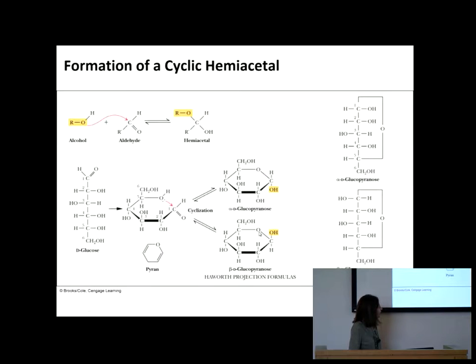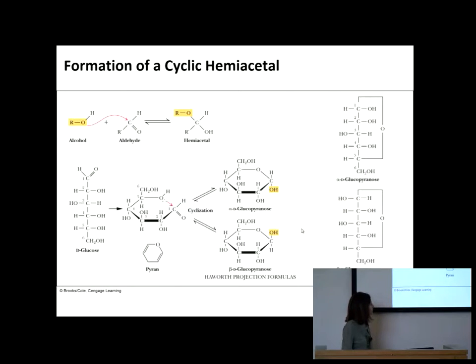So you look at carbon number 6, find the dangly one, and then the oxygen in the ring. The one to the right was the one that the oxygen attacked. This is our anomeric carbon. It's anomeric because it used to be the carbonyl, and it can either be alpha or beta.